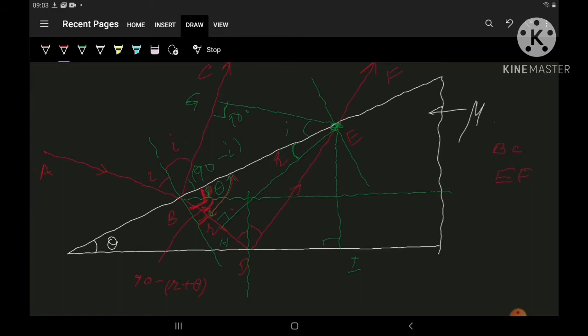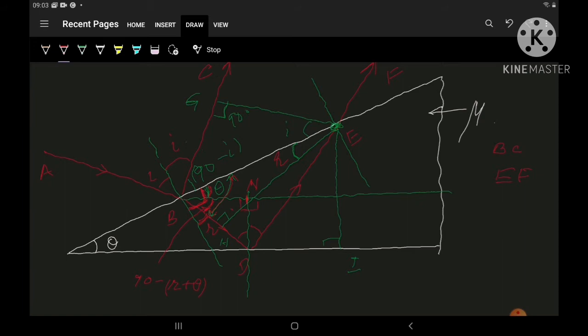Now second thing is, in a triangle, let us consider the triangle. Suppose this is the point N where angle 90 is formed.